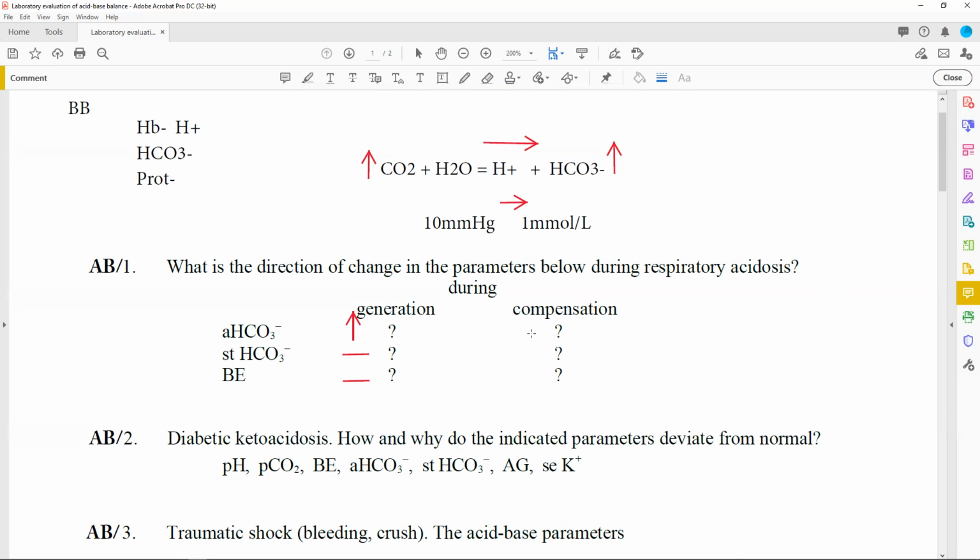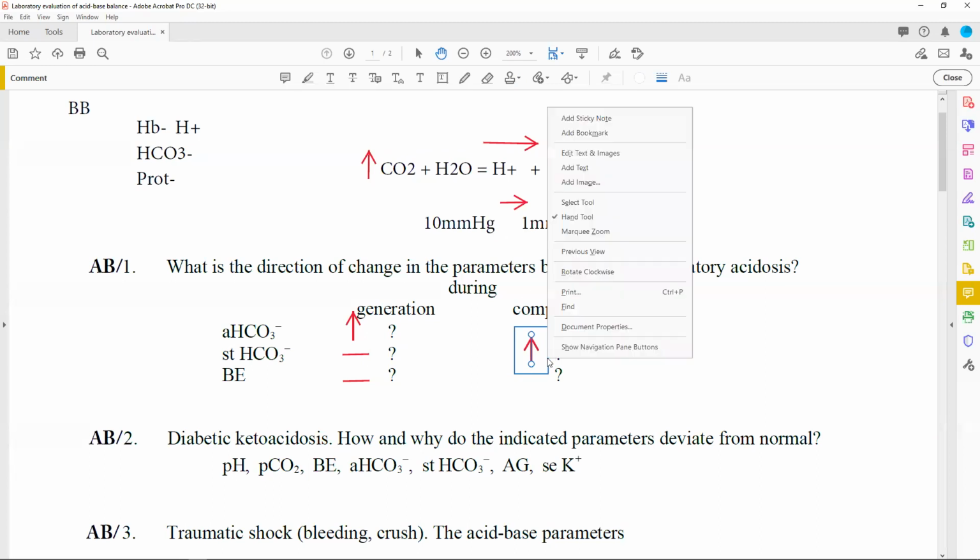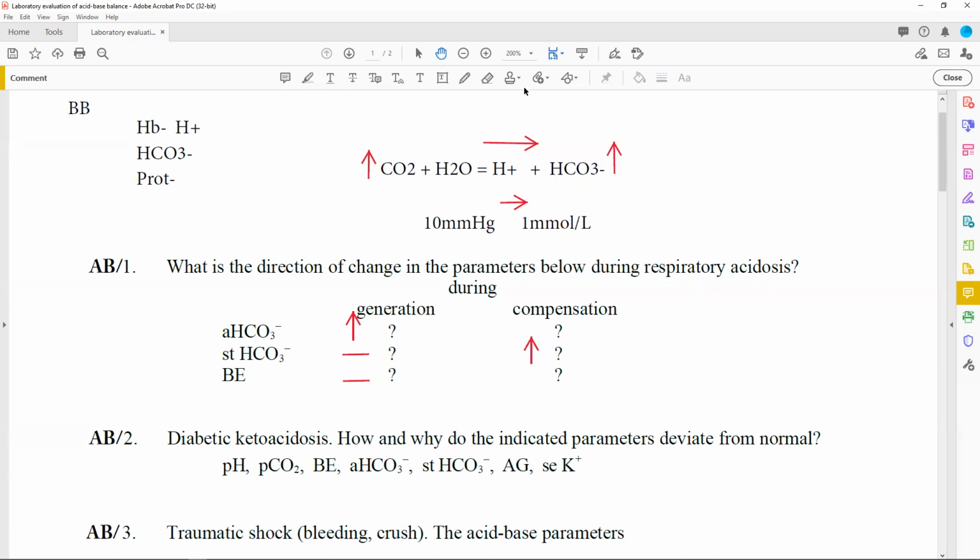Metabolic alkalosis, yes. So you do have a metabolic alkalosis. I will draw maybe in a different color. I don't know how I can change the color. Okay, let's stick to this one. And again the buffer base increases as well.